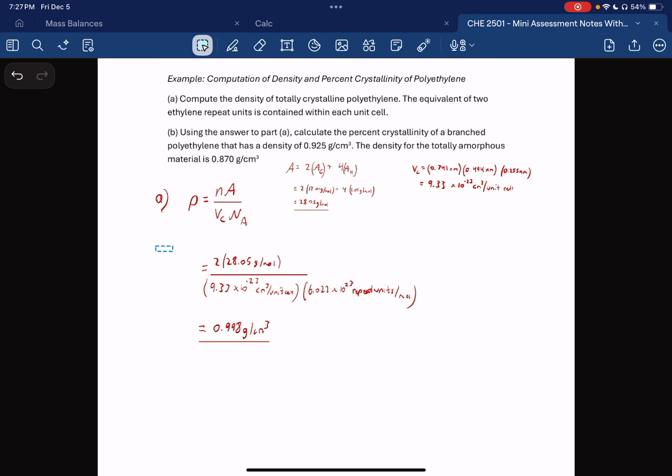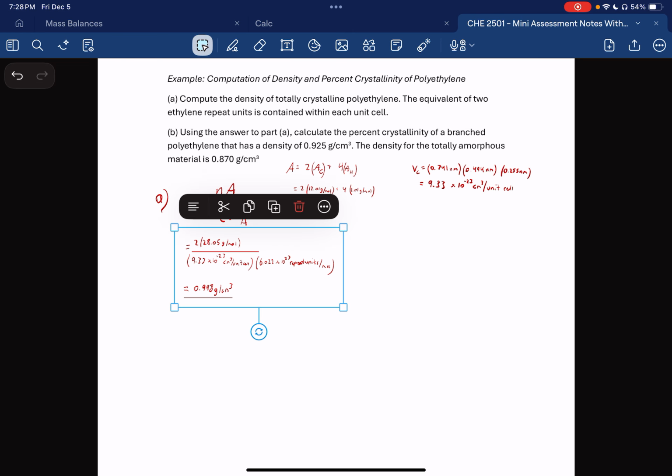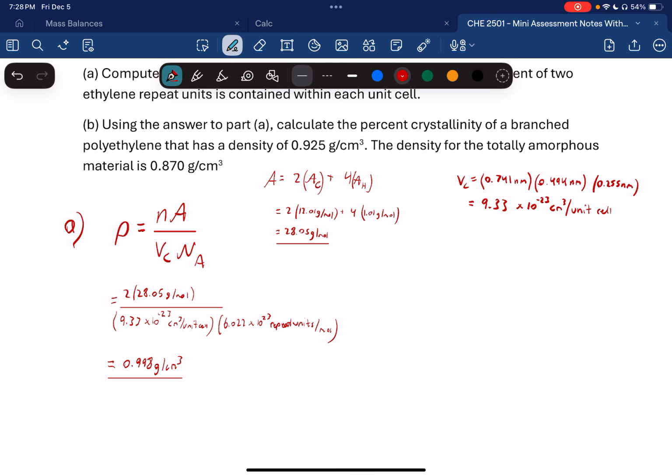We can now move on to B. So using our answer obtained, calculate the percent crystallinity of a branched polyethylene, and it gives us the specified experimental values that we couldn't find ourselves. So let's go ahead and pull that formula down.